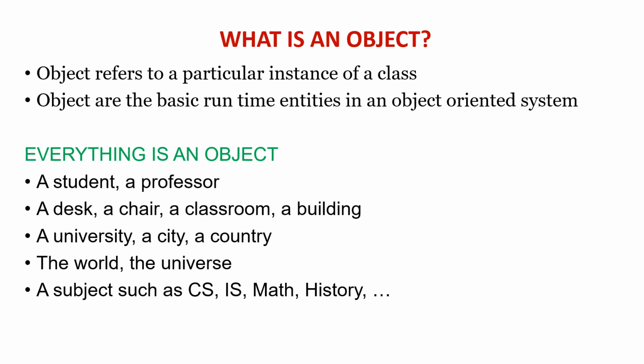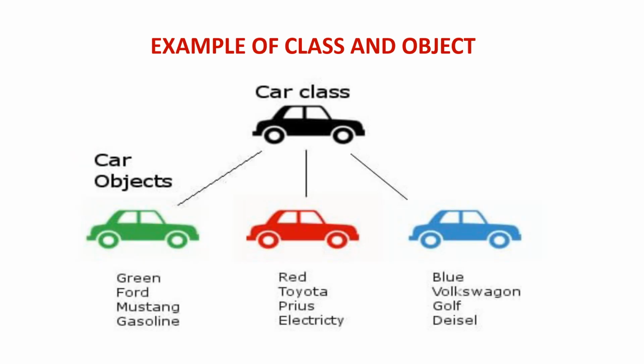What is an object? An object refers to a particular instance of a class. Everything is an object: student, professor, desk, chair, classroom, building, university. All the objects have some properties and functions. Let us see an example of class and object.